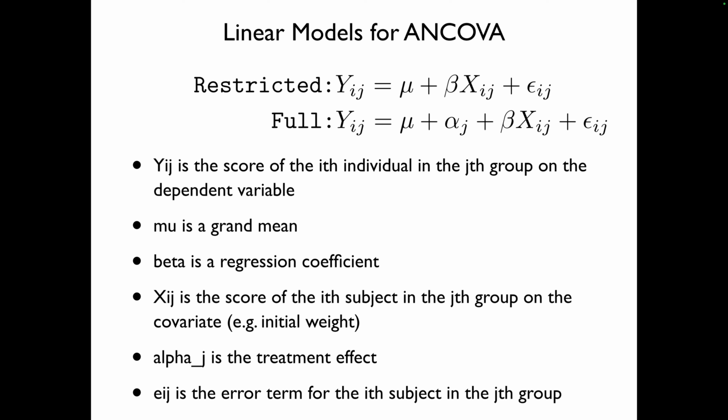So ANCOVA is asking the question, is there an effect of the factor in the context of a model that includes the effect of the covariate? So the covariate is always there. The missing one is the factor, and that's the thing that we're interested in testing. Once we account for variability due to the covariate, once that's in the model, do we need the factor or not?